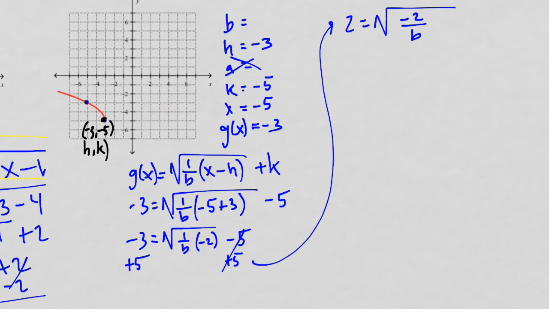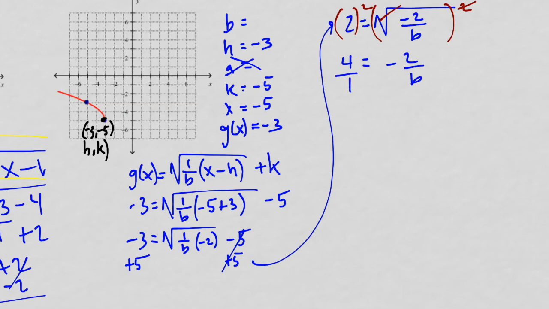Now we got to get rid of the square root, and we're going to square it for that. Square, because that cancels that. We're going to square this one as well. So we have on the left side 4, on the right side negative 2 over b. And we're going to solve this. We're not going to make our life difficult. We're just going to make a proportion here.